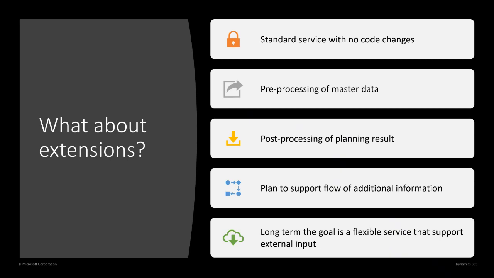For this, there is actually already an extension point. You can read more about that in the documentation. With this extension point, you can trigger code that can change the result or rerun something as soon as the plan is completed and written as a planned order.